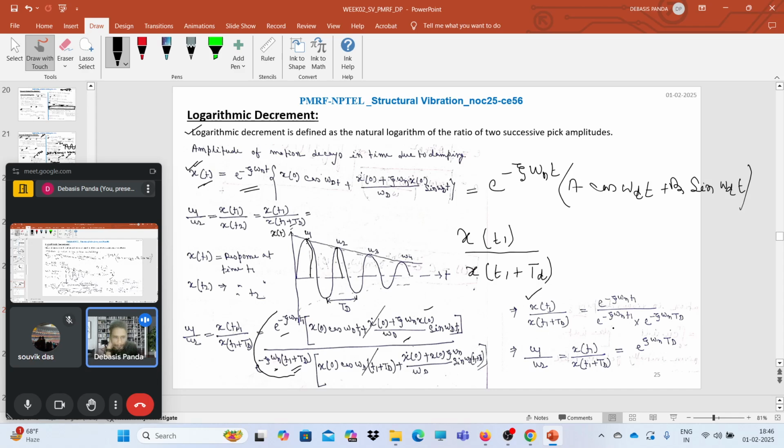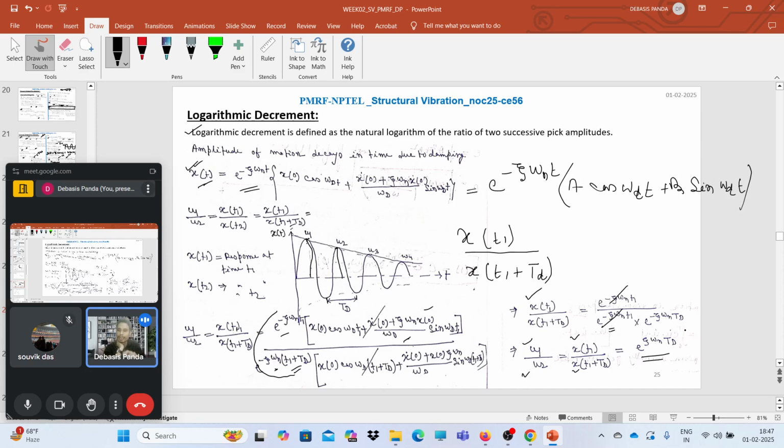Now if I simplify it a little bit, what do I get? e to the power zeta omega n t1 multiplied by e to the power minus zeta omega n... so these terms cancel out. What I am left with is the ratio of the two successive peak amplitudes, u1 by u2, which is x(t1) divided by x(t1 plus td), and that is nothing but e to the power xi omega n td.